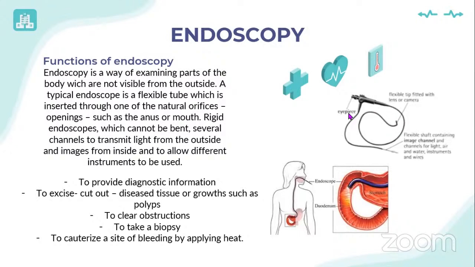We have the parts: the eyepiece, the flexible tip fitted with lens or camera, the active part. We have a flexible shaft containing image channel and channels for light, air and water, instruments and wires. Okay.